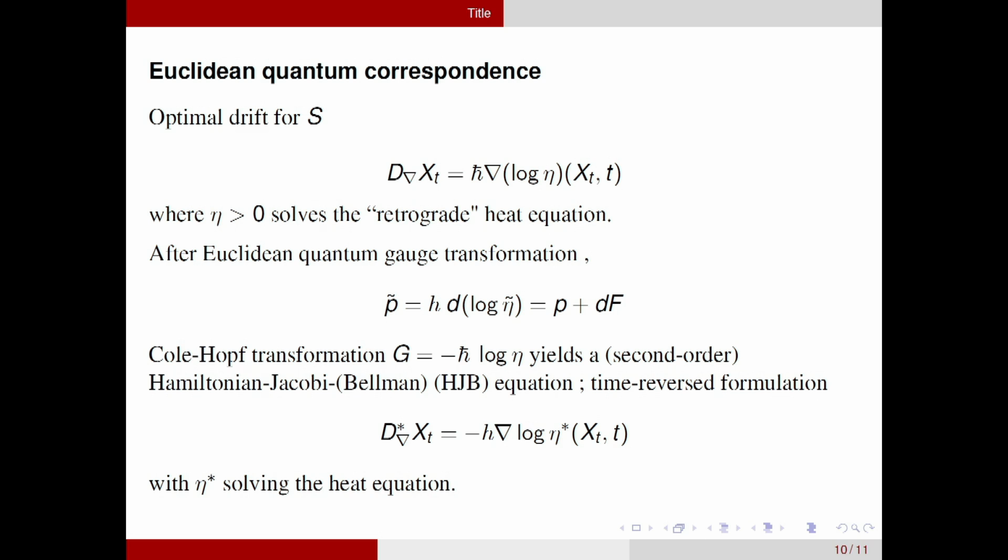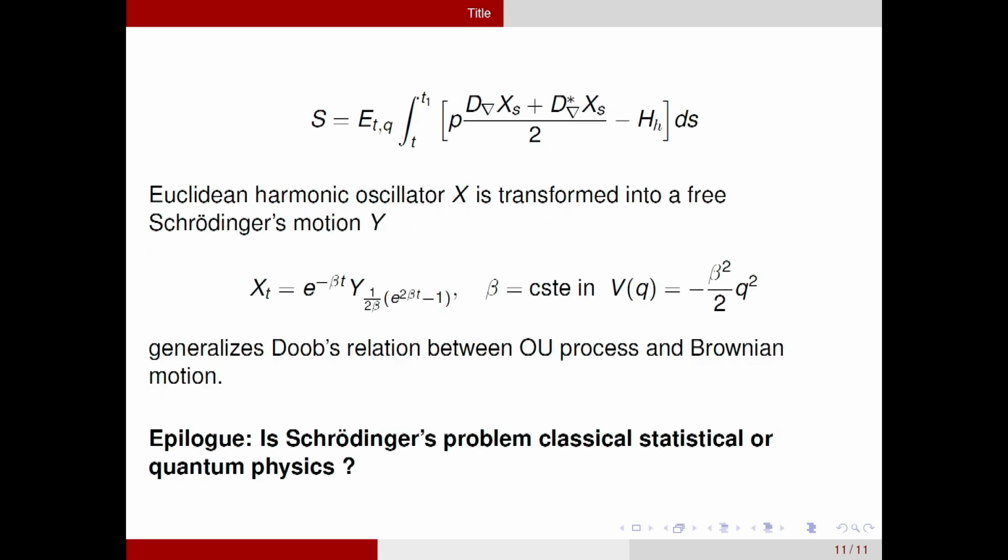This one solves the regular heat equation. Now, the only interesting change, except the regularization, is that the two drifts appear in a very special way: the sum of the two, forward and backward. This is what happens with stochastic.